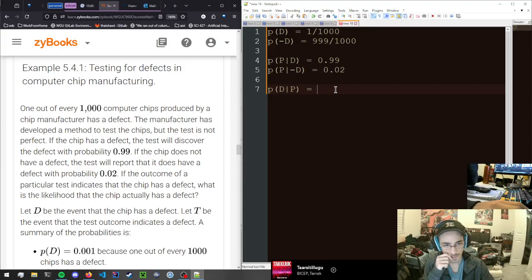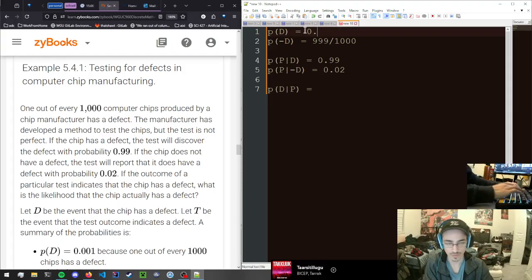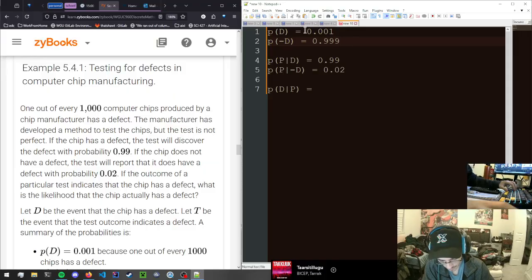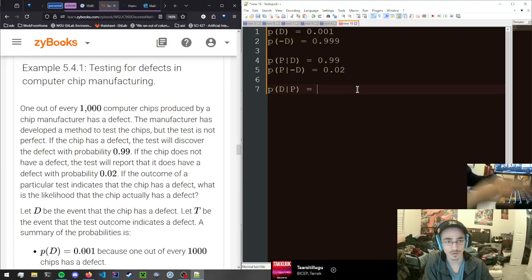And then these are our parameters. Okay. 0.001, 0.999. We just want to put that in there, simplify things a little. So let's write this down.